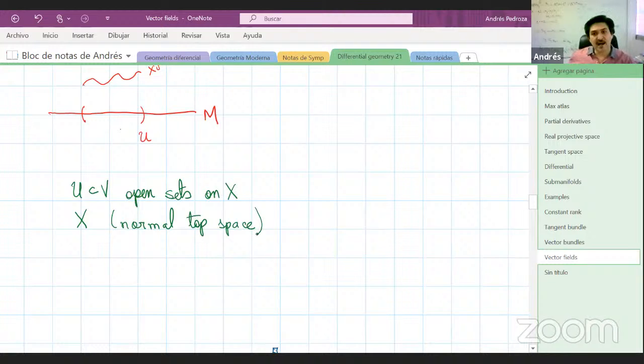Remember that Hausdorff is, if you have 2 distinct points, there are 2 neighborhoods about each point, and they don't intersect. Normal, you have 2 closed sets, you have 2 neighborhoods around them, and they don't intersect.